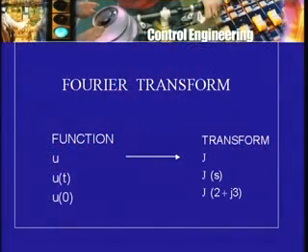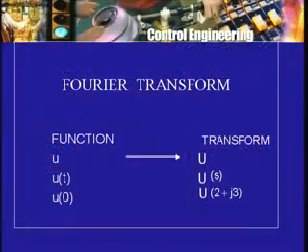Here the Laplace transform is a complex valued function of a complex variable and defined only for a particular region of the complex plane called the region of convergence. And here again there is more or less a commonly used notation. If the function is denoted by a symbol small u, the function of time so to speak, this is called the original function, that is, this is what really we are interested in and we start with. Then from that we obtain a function which is the Laplace transform of it.